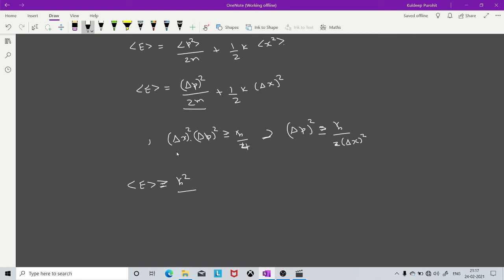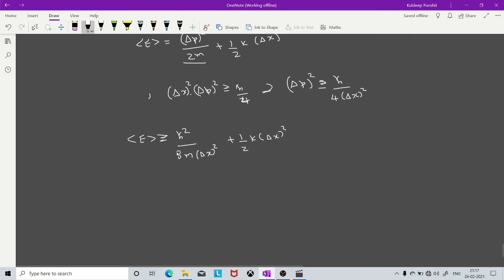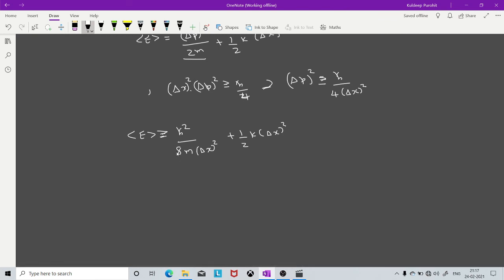So 4 into 2, this will be 8 into m into delta x square, plus half into k into delta x square. This is the value of this thing.